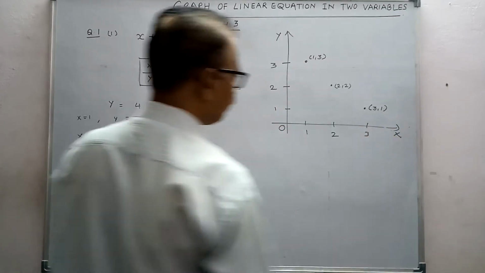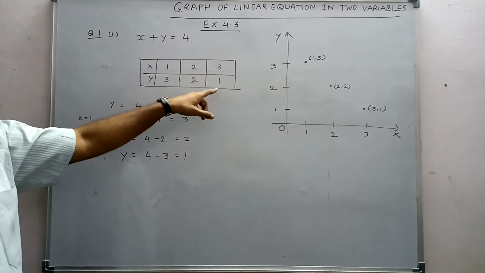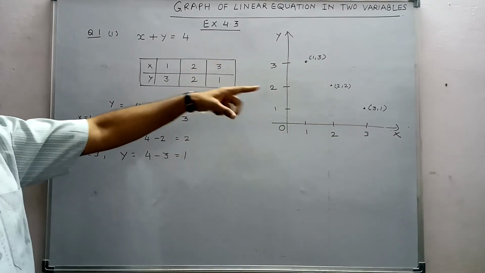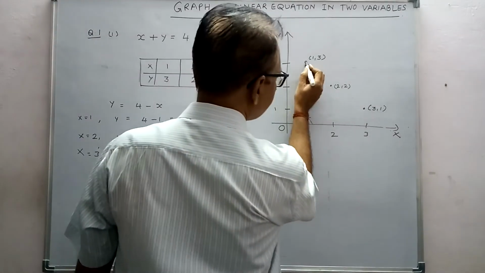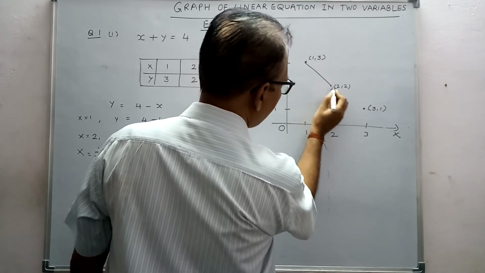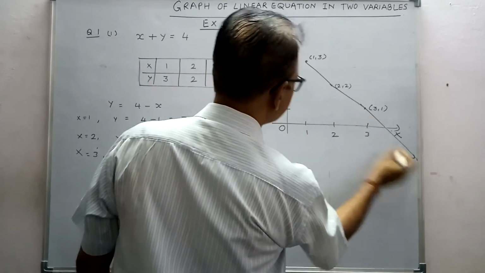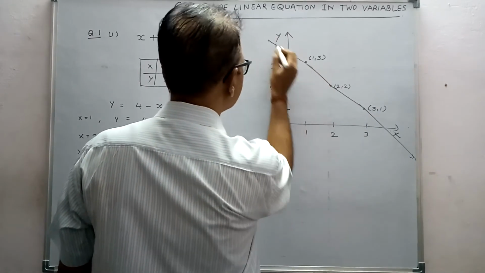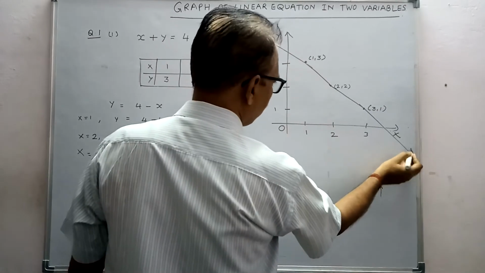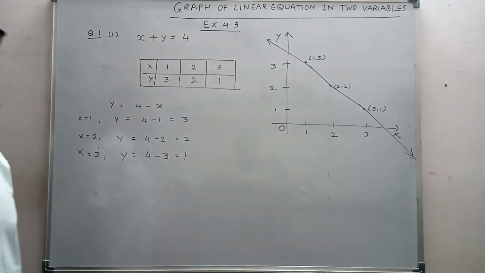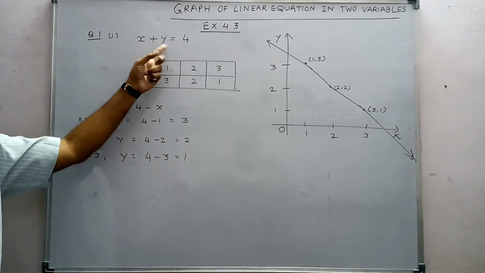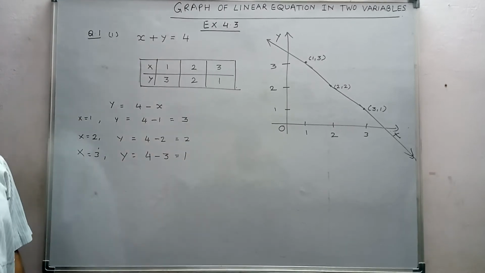First we write the value of x, then we write the value of y. Join all these points and extend. This is the graph of the linear equation in two variables x plus y is equal to 4. So done.